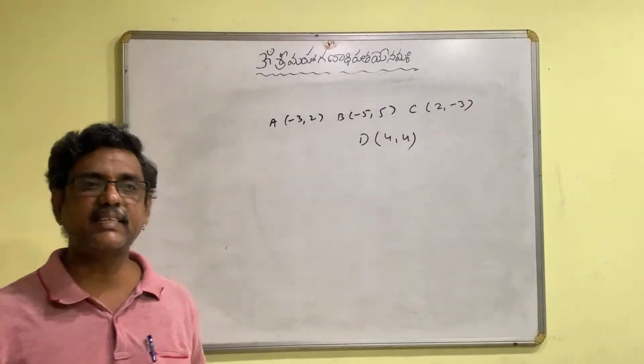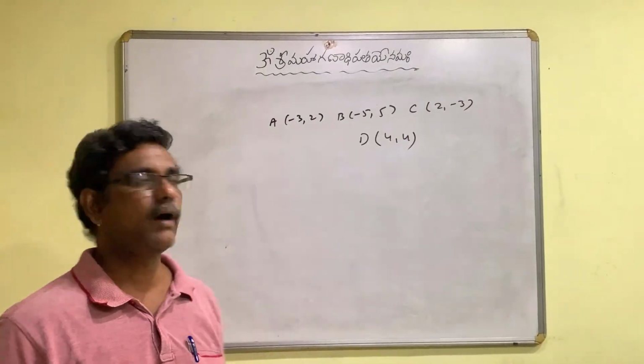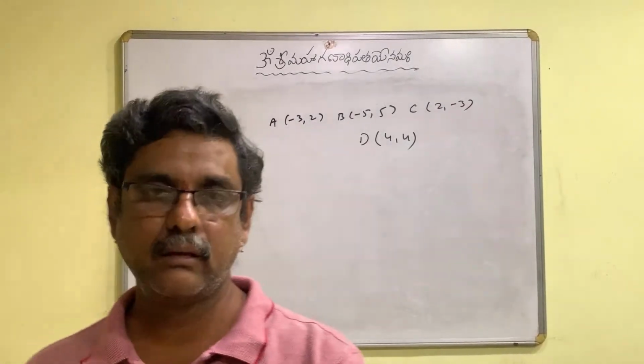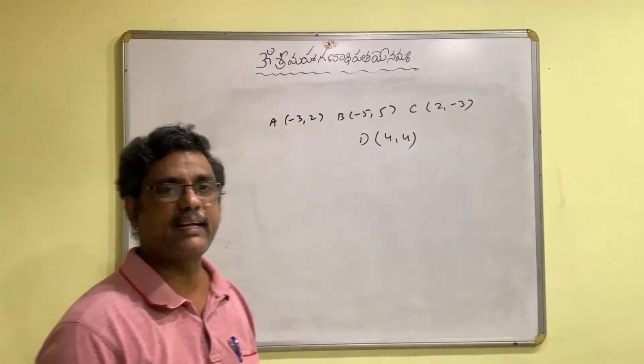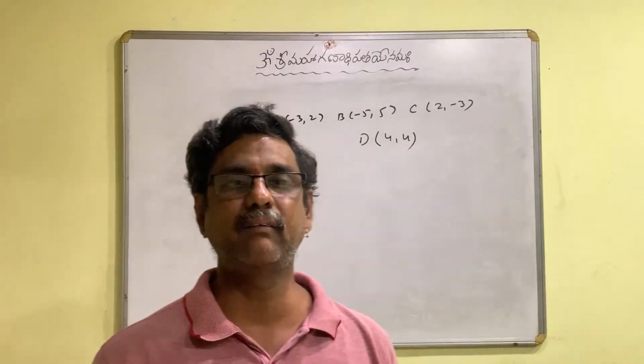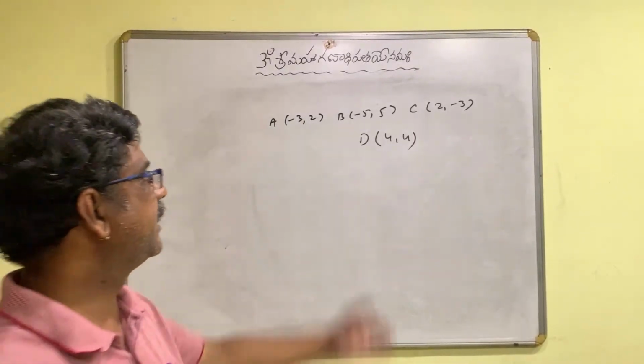So these are the vertices of a rhombus. Find its area. These 4 are the vertices of a rhombus. It is given. And we need to find out their area.